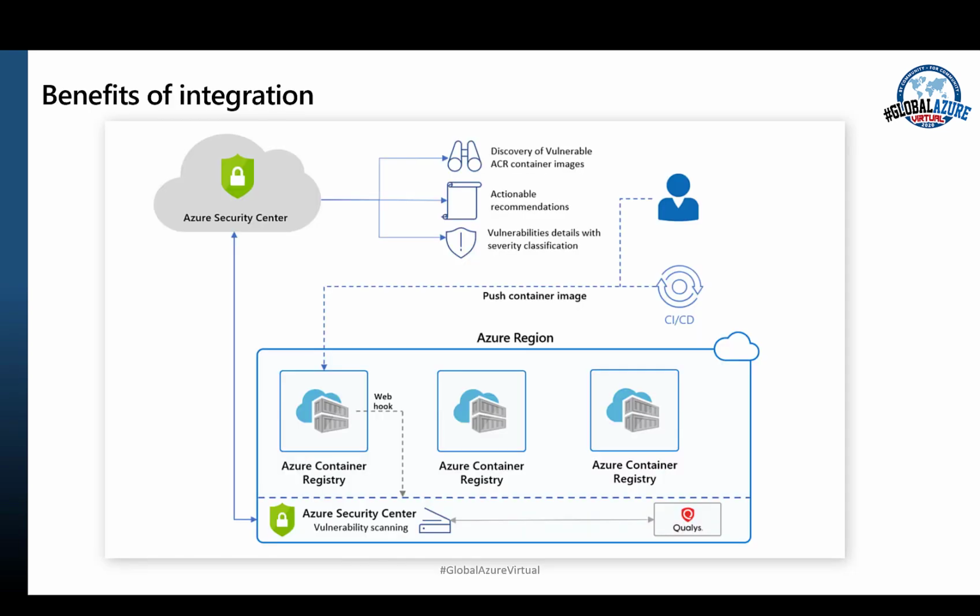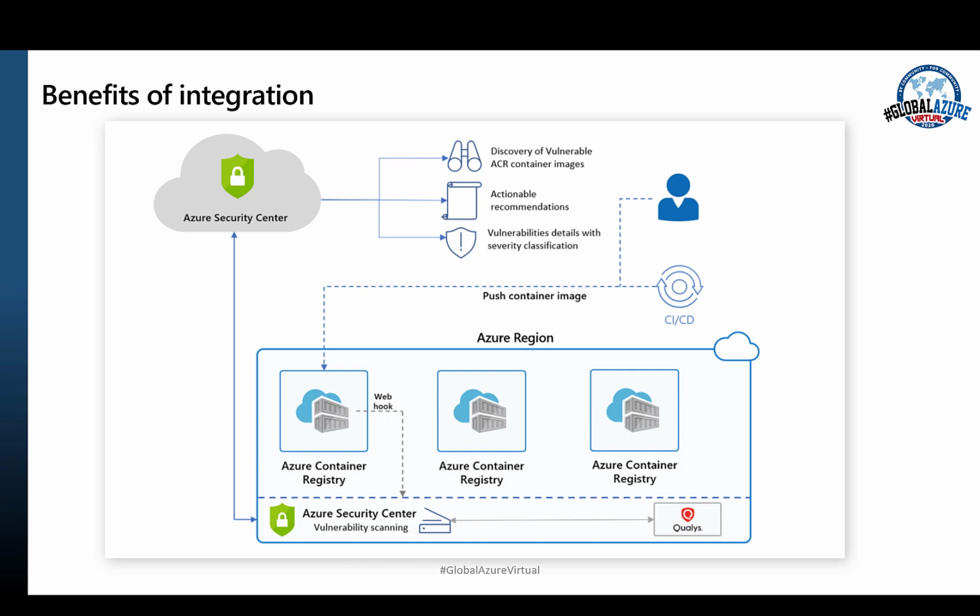Now let's see the benefits of using the Azure Container Registry integration. As you know, ACR or Azure Container Registry is a managed private Docker registry service that basically stores and manages your container images for Azure deployments in a central repository.